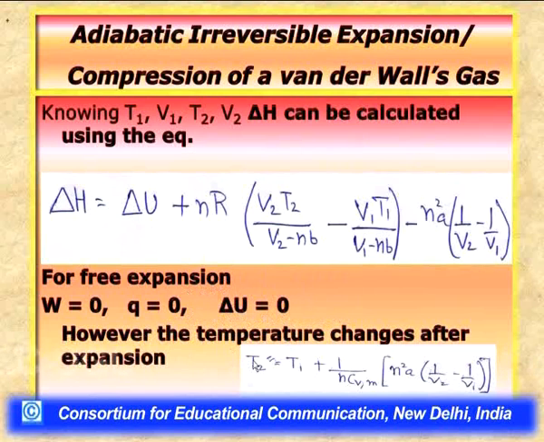However, we still observe a temperature change; the temperature decreases in the free expansion also. When it decreases in the case of reversible adiabatic expansion, that was understood, because the work is done at the expenditure of internal energy, which is a function of temperature, and because internal energy decreases, the temperature also decreases.